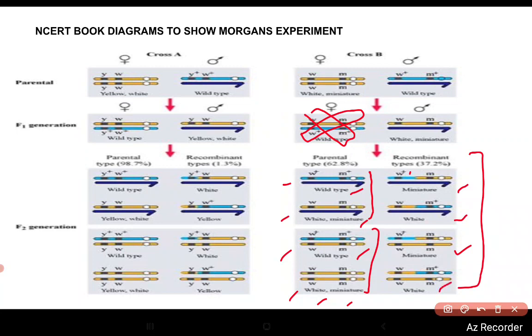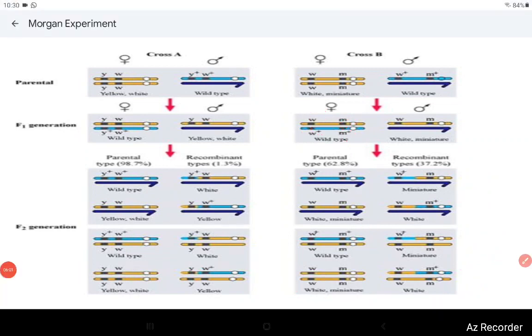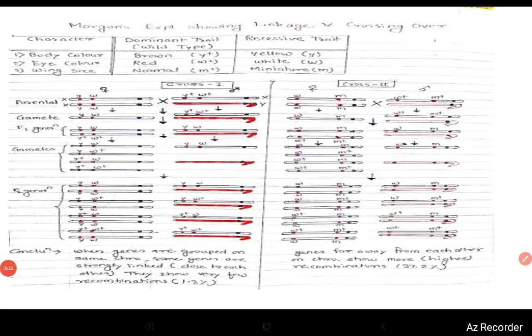And the last one is a female with white eye and normal wings. So here the recombinants are 37.2%. So these two crosses show linkage as well as recombinations. So here is the diagram which also shows the linkage and recombinations. Thank you.